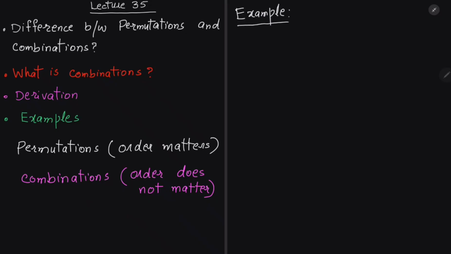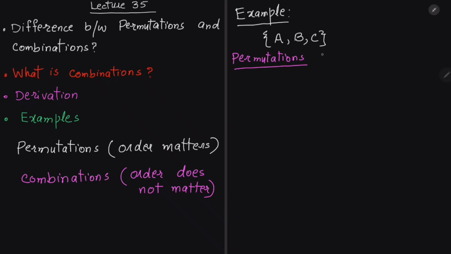Example. Suppose we have a set. The set is A, B, and C. And if you are asked to find the permutations, then you can easily find all the permutations.